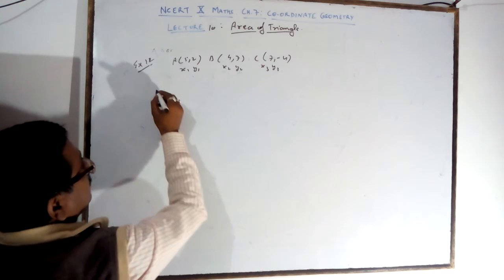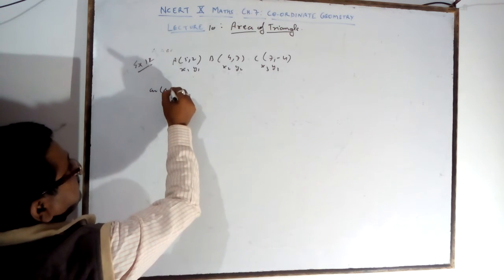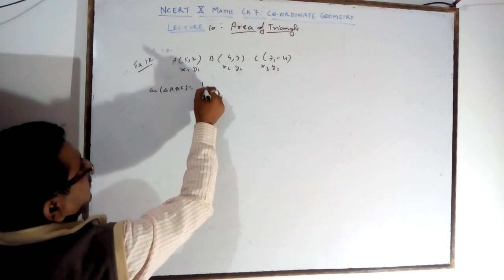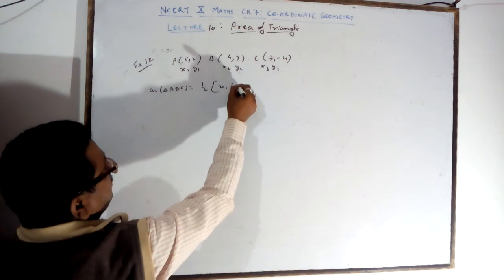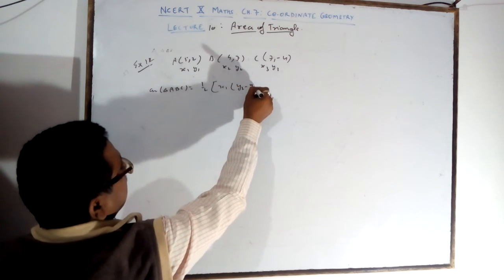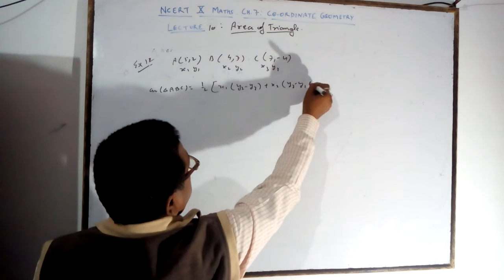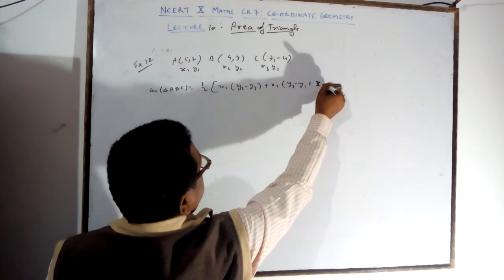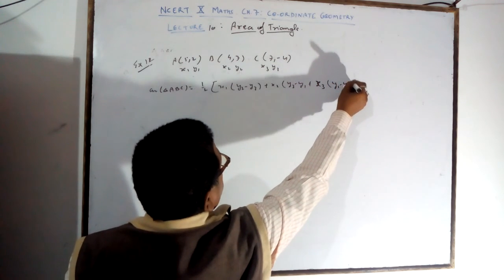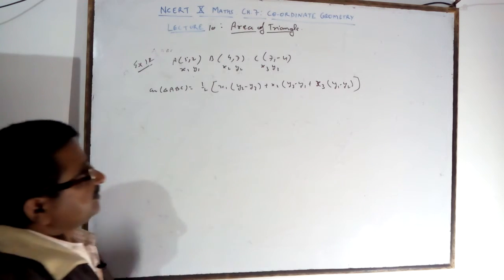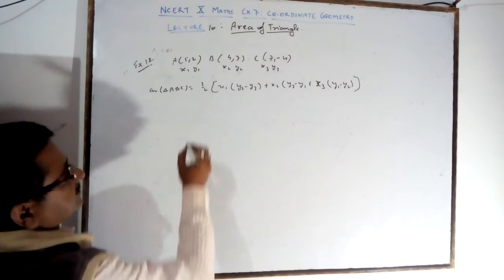It is very helpful. So area of triangle ABC is equal to half x1, y2 minus y3, x2, y3 minus y1, x3, y1 minus y2. y1 minus y2 means y in bracket, x outside.